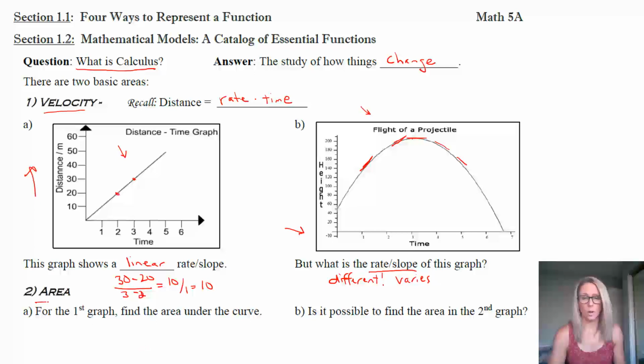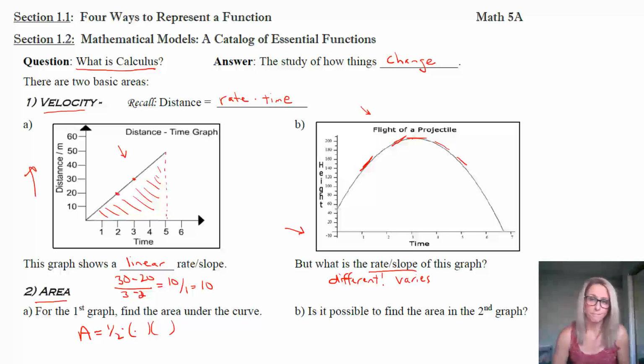The second thing that we do, and this is towards the end of this semester, is finding the area. So if we think about the first graph, if our job was to find the area under the curve, if I was to just draw a line like this, and you're asked to find the area under the curve, so this space here, hopefully you would recognize that what we have there is a triangle, and that the area of a triangle is 1/2 times base times height.